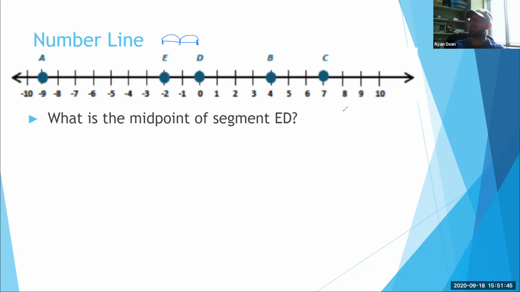So if I take 2 and I divide it by 2, because we have 2 spaces, that would mean that it's in the middle. That gives us a 1. So the middle of these 2 points is going to be 1 space from E or 1 space from D, which is going to be right here at -1. So we're just splitting the difference between the two.